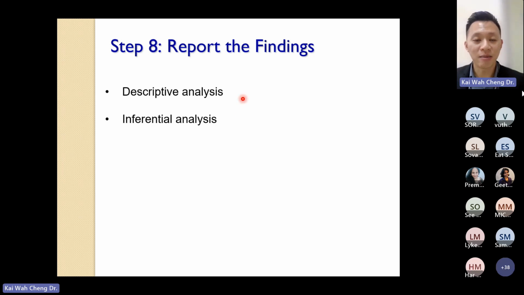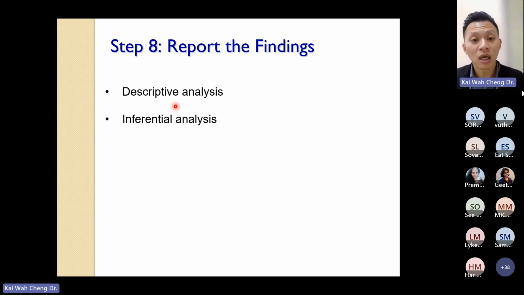As I mentioned just now, we have 2 types of data analysis: number 1, descriptive analysis, and number 2, inferential analysis. Descriptive analysis means we analyze the research output by using numbers, frequency, percentage, and so forth. That is descriptive analysis.